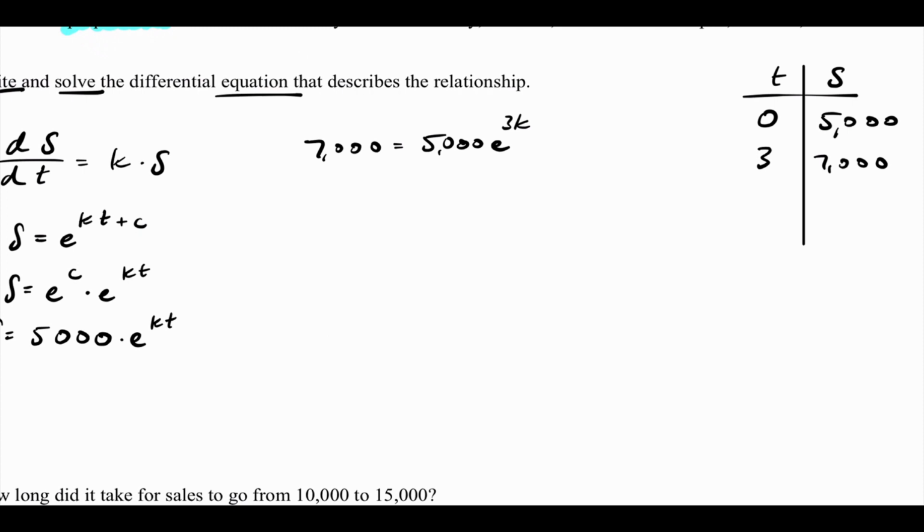Solve for K. Well, before I can bring it down to the ground, I'm going to divide by 5,000, right? So when you cross out all these zeros, it reduces to 7 over 5.